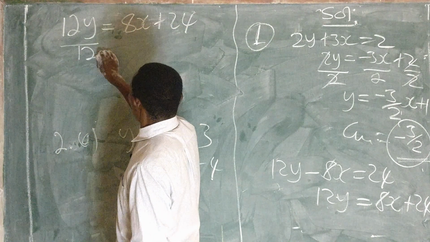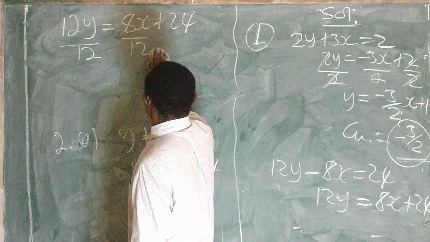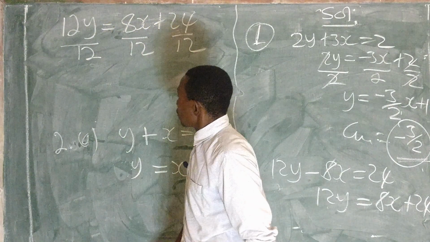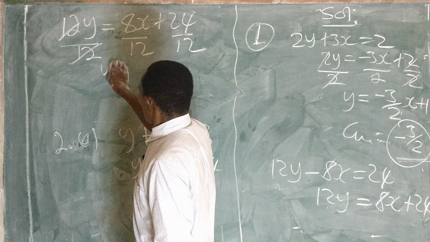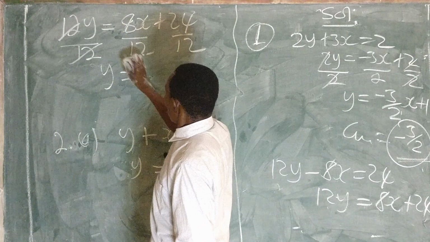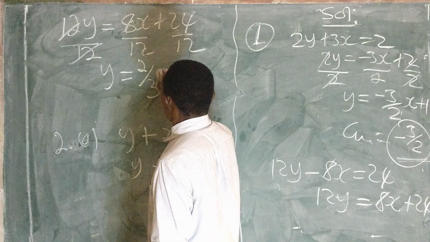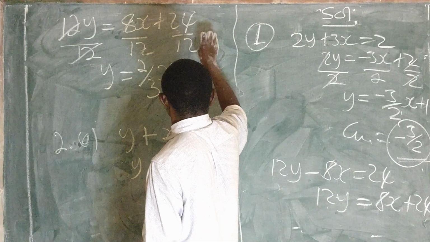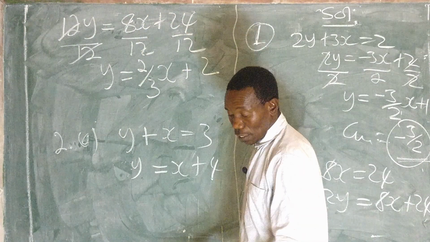We need to make y the subject, so we divide both sides, all terms, by 12. 12 over 12 is 1, and for the common factor, 8 over 12 is 2 over 3, and 24 over 12 is 2. So y is equal to 2 over 3 x plus 2.